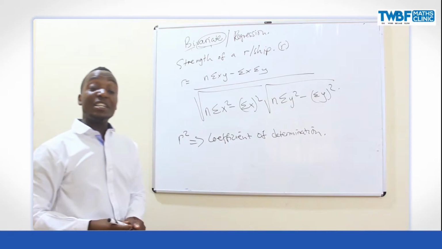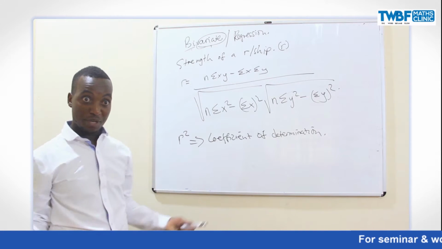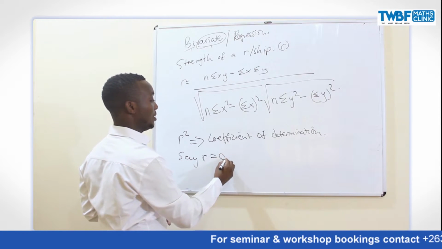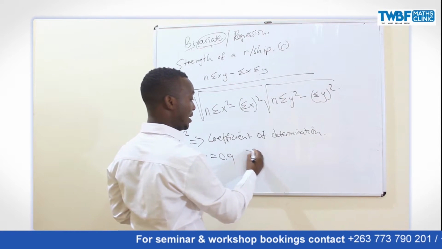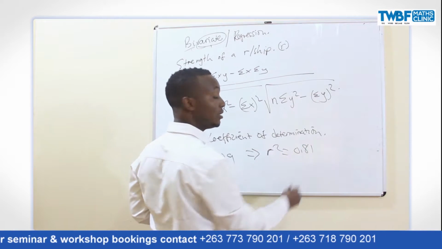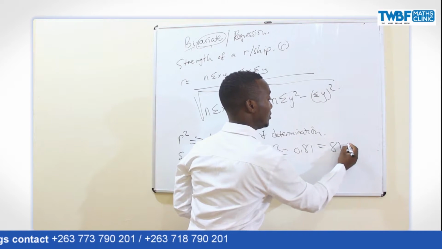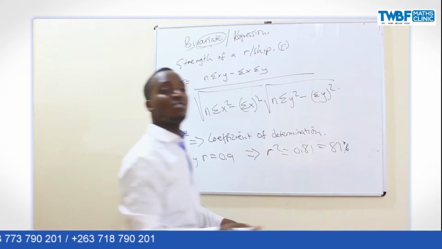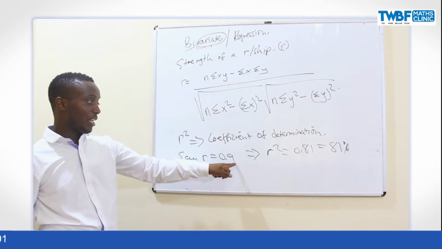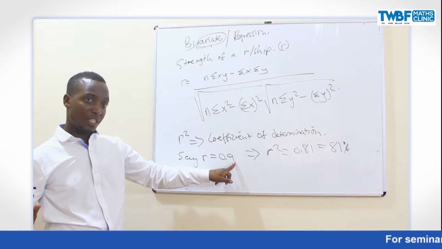In other words, if you get R, say your R is 0.9, it implies that R squared equals 0.81, which is equal to 81%, which is a strong relationship. In other words, you define the strength of your relationship here. 90% is a strong relationship, isn't it?